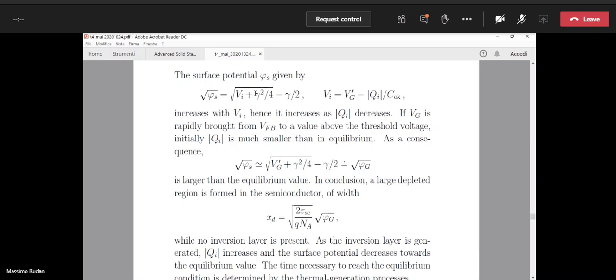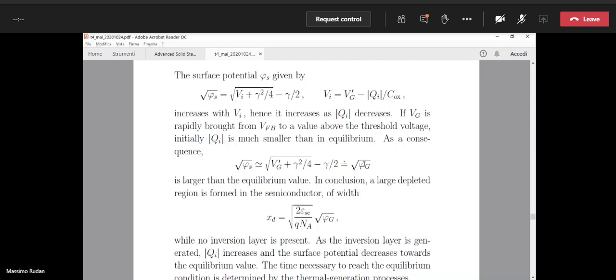So you see immediately that when Qi is 0, phi s is the maximum because of the minus sign here, okay? So phi s becomes equal to Vg prime. So at the time of applying the pulse, phi s is the maximum, okay?